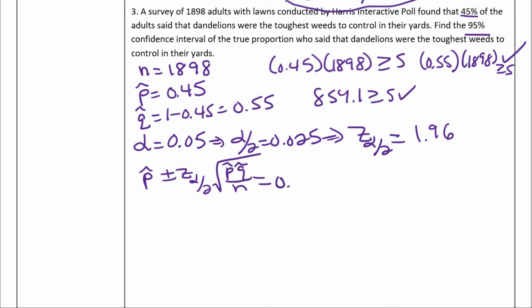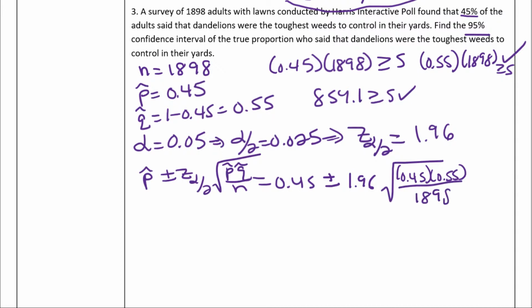So we have 0.45 plus or minus 1.96 square root 0.45 times 0.55 divided by 1898. Okay, go ahead and calculate that.